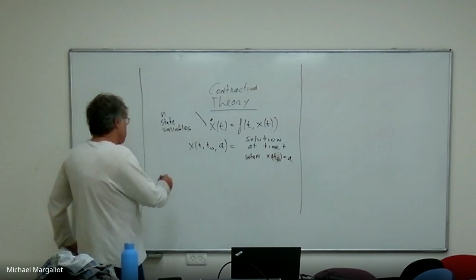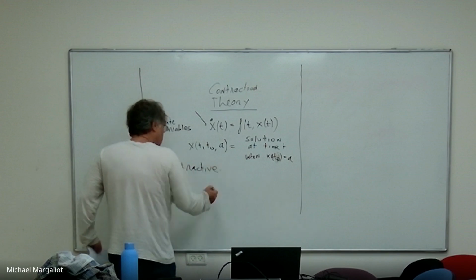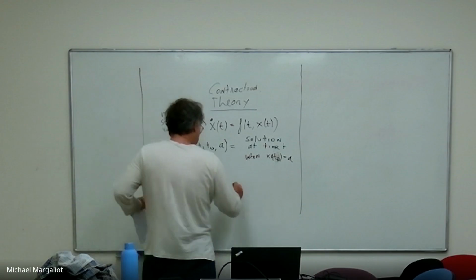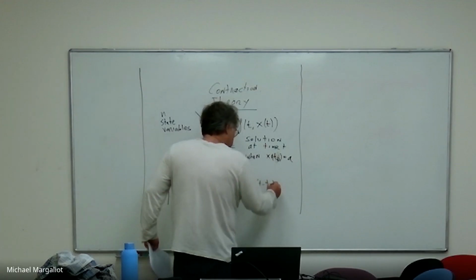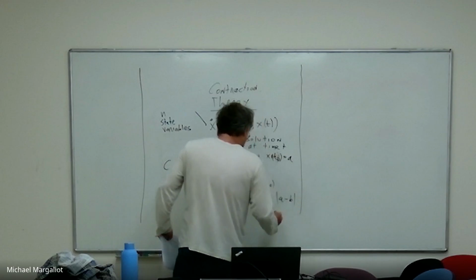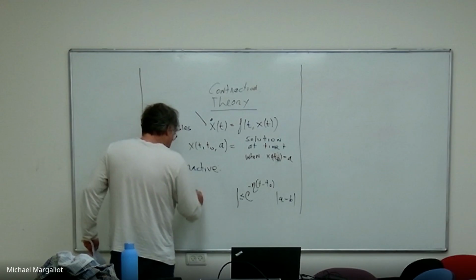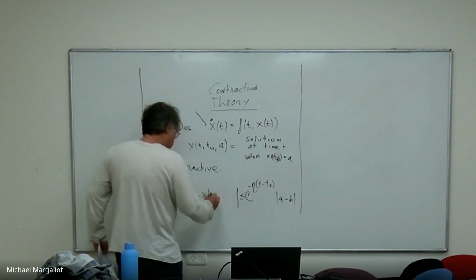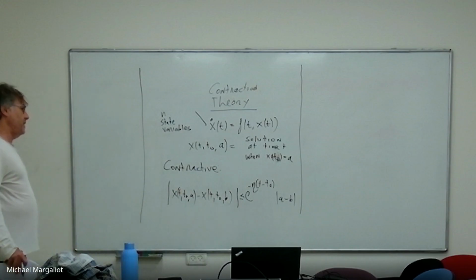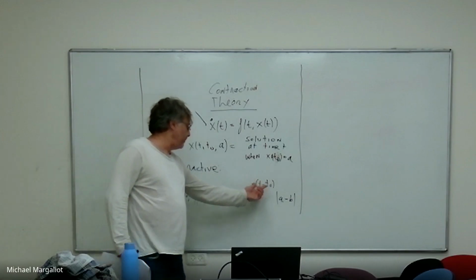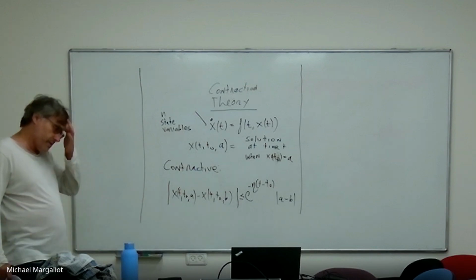Very good. And now we say that the system is contractive if the following properties hold. There is some vector norm, and there is an eta which is positive, so that the solution at time t emanating from A at time t0 minus the solution at time t emanating from B at time t0 decays exponentially with time with respect to the difference between the initial conditions.